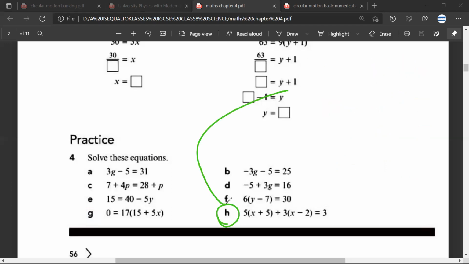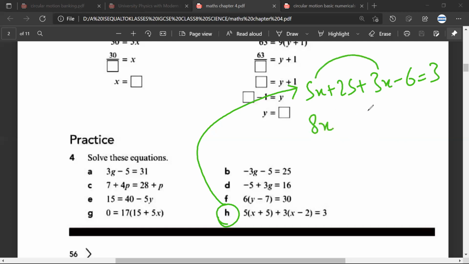So Satya, how should I do the h part? 5x plus 25 plus 3x minus 6 is equal to 3. So 5x plus 3x is equal to 8x. So 8x is equal to 3 minus 25 plus 6. So 8x is equal to minus 16 and x is equal to minus 2.